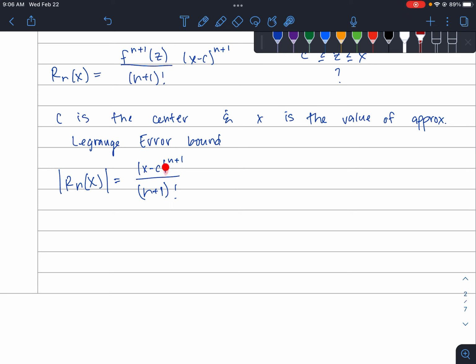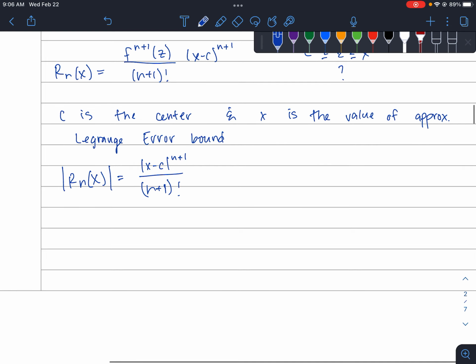So basically this is the n plus 1 term. Now the coefficient, or part of the coefficient, is what's different. You multiply it by the max value of the n plus 1 derivative at z.